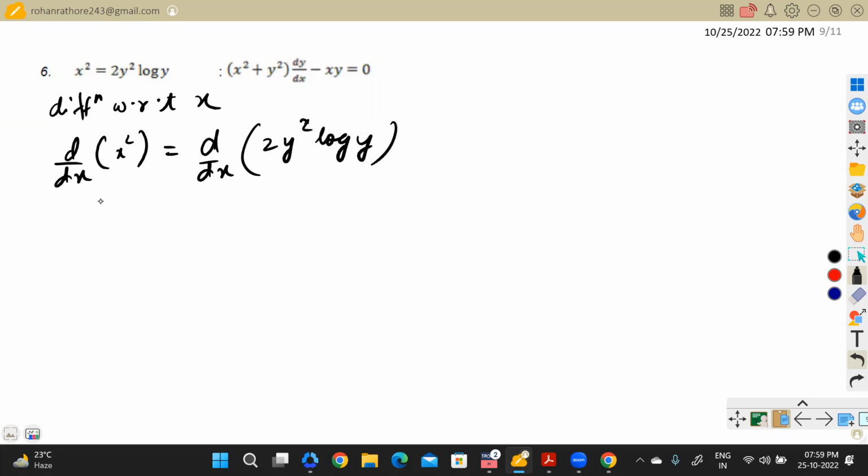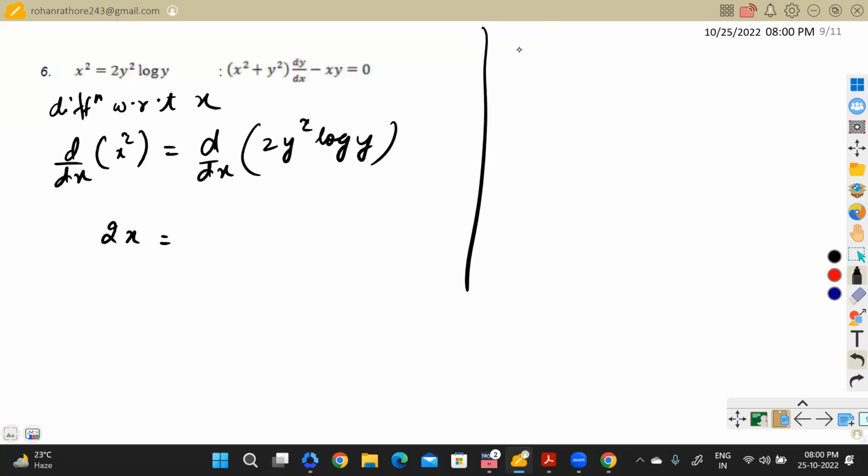Okay, so what will we get on the left side if we differentiate x square? 2x. Yes, we'll get 2x. And how can we differentiate the term on the right side? Product rule. Yes, we have to use the product rule because we have two different functions of y. One is y square and other is log y.